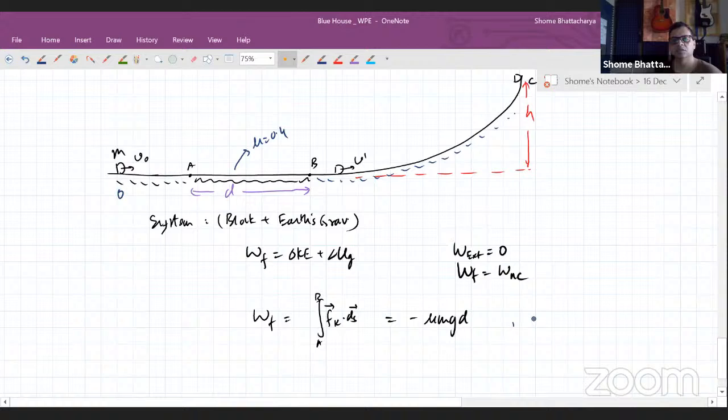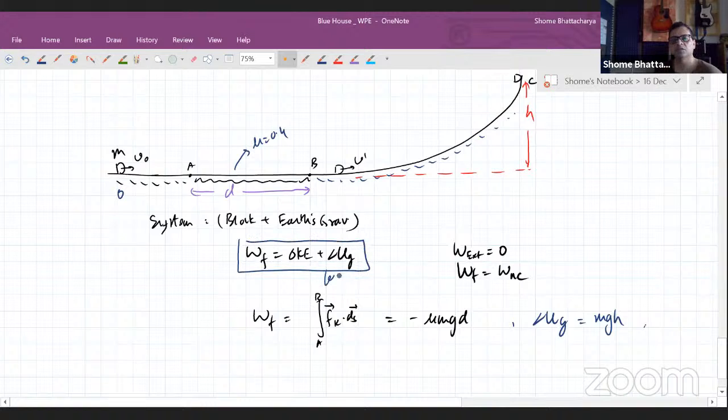Whereas change in gravitational potential energy will be mgh, because we are applying this all the way from the initial position O to the top position C.